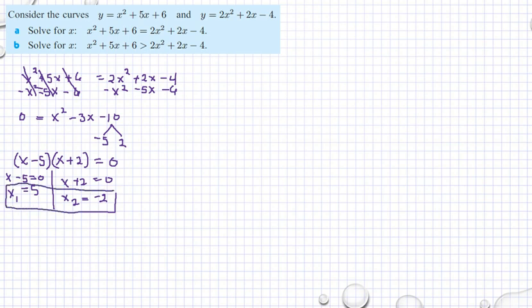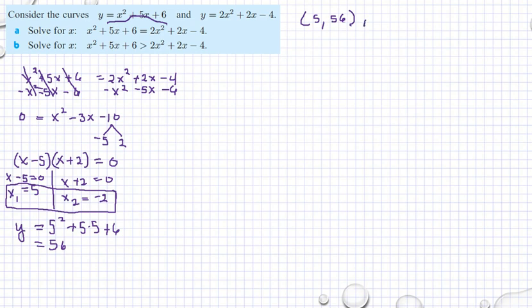So y is equal to, if I use this function, 5 squared plus 5 times 5 plus 6. Then we have 56. So our first coordinate will be 5 and 56.